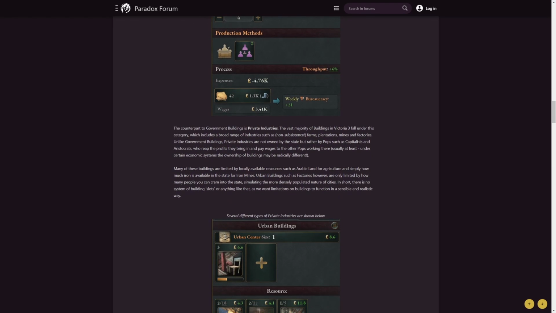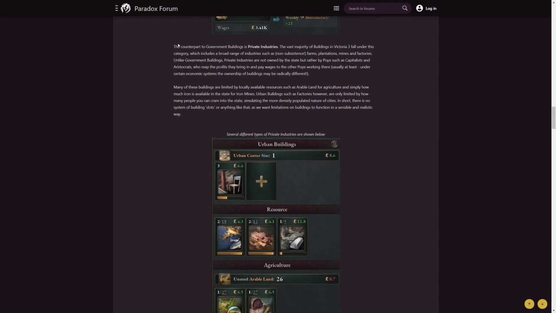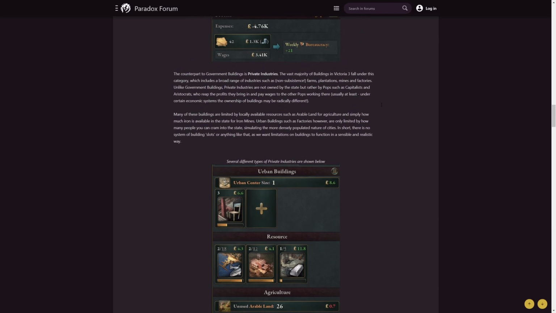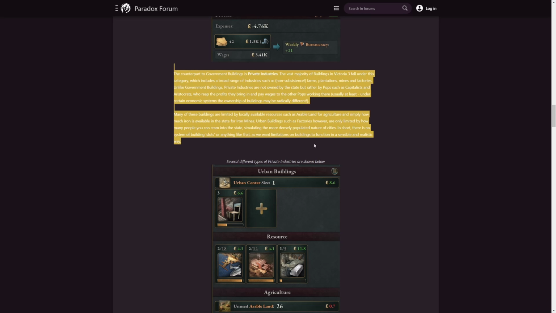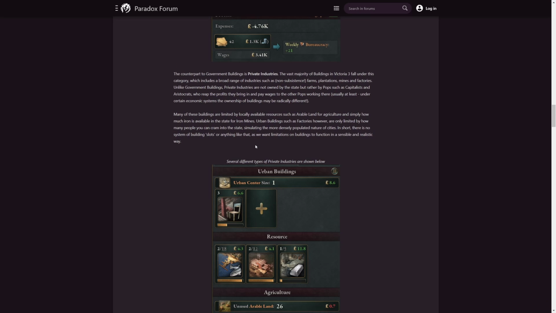So let's go down and talk about what these paragraphs say. It's boiled down to private industry and how pops can now build factories and invest in your country. And the great thing I heard in this paragraph is that capitalists, the people building these, can pay your other pops, which makes sense, and which means capitalists help your country increase the amount of tax you can collect.